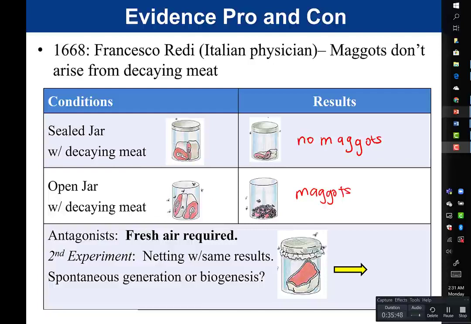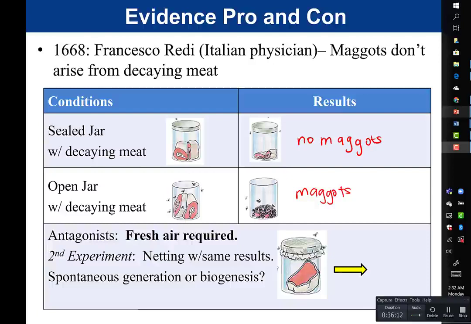To squash that theory, he did a follow-up experiment, a second experiment, where instead of sealing it so no air gets in, he covered the top with a netting. So air can get in, but the flies can't get in to lay their eggs, because the maggots are the larval form of the fly.